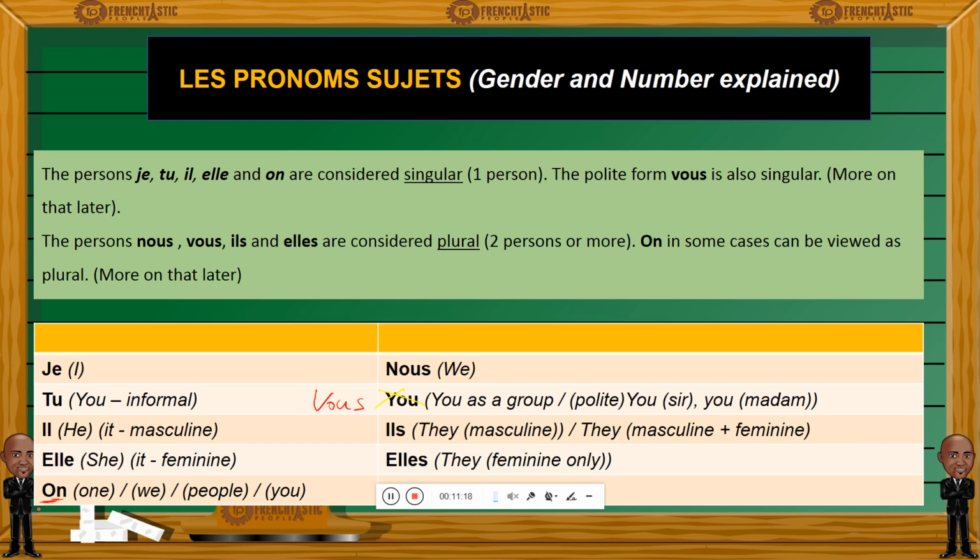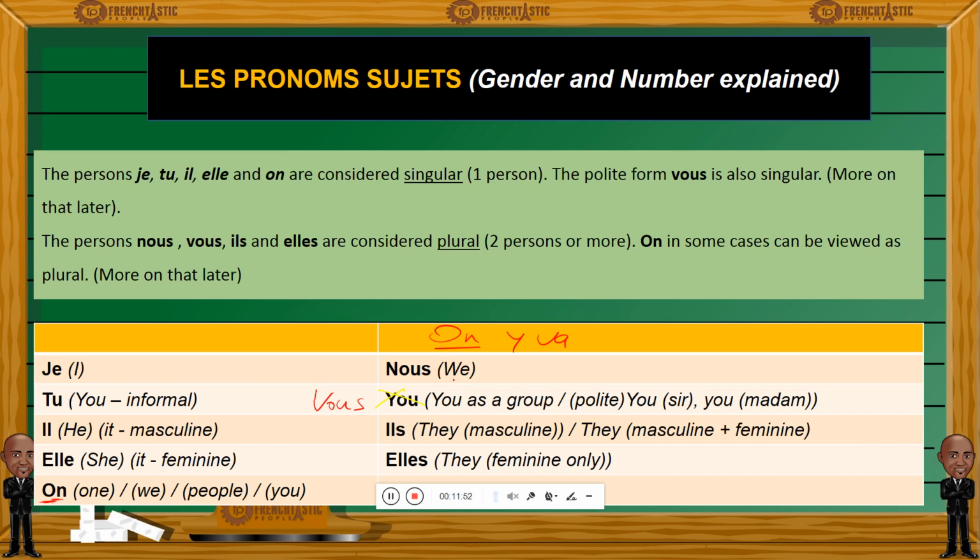When I tend to say to my kids sometimes, hey, on y va, let's go, hey, we should leave, on y va. In that case, the on here refers to a plural group, 2, 3, 4 members, etc. So on could also refer to a plural, a group of people, more than one.